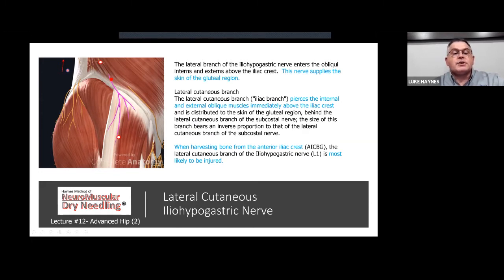That nerve pierces the internal and external oblique muscles immediately above the iliac crest. Curiously, when surgeons harvest bone from the anterior iliac crest, the lateral cutaneous branch of the iliohypogastric nerve is the most likely one to be injured. So frequently we see those patients after harvesting off of the hip with some sensory disturbance right here.